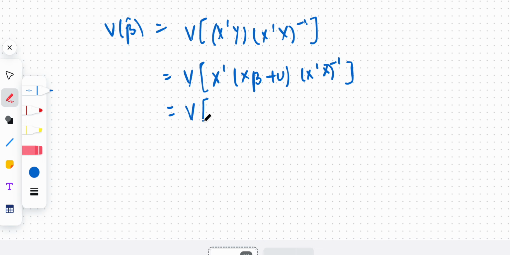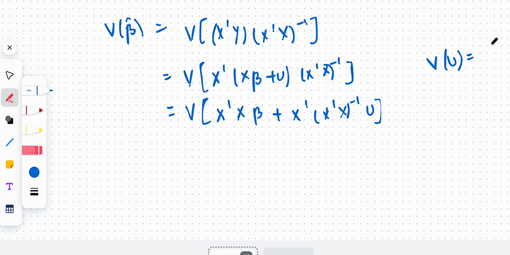After that, what happens is x transpose x beta plus (x transpose x) inverse x transpose u. What we do know is the variance of u is this. This is something that we know.